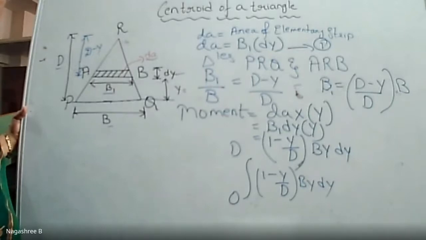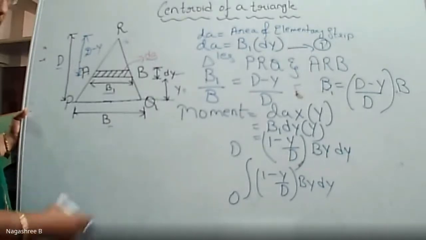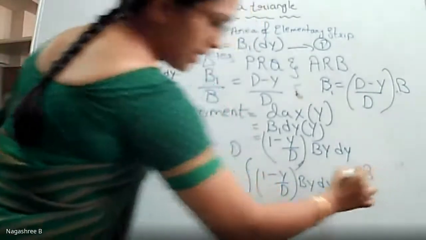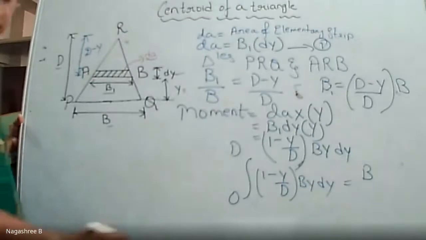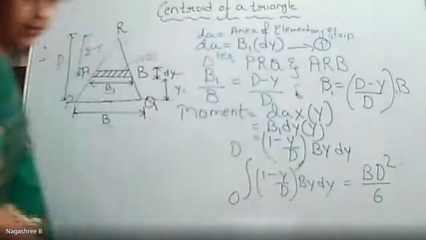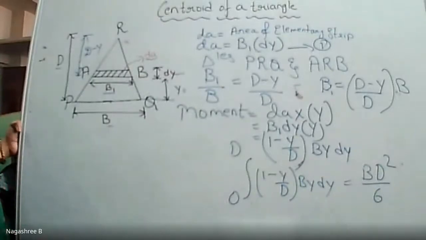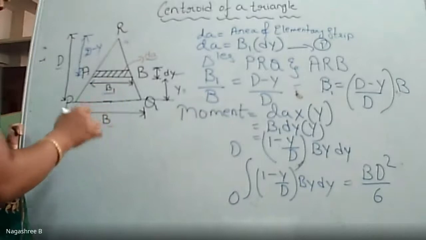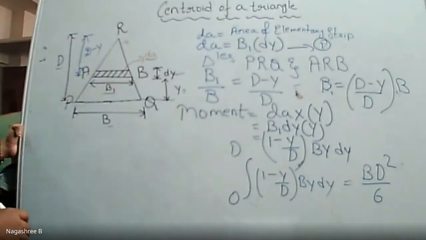This is the summation of the moments of the elementary strips. After simplification, I will get B times d square by 6. This is the moment of the overall triangle with reference to the bottommost axis.